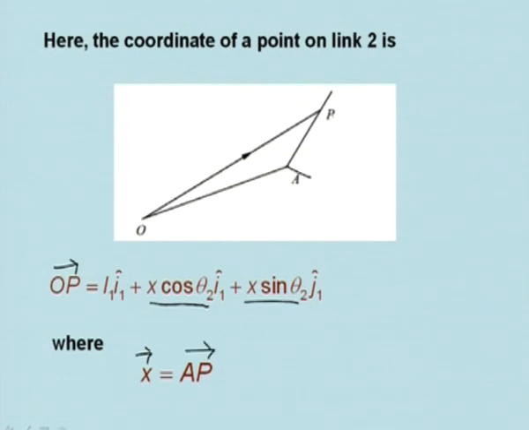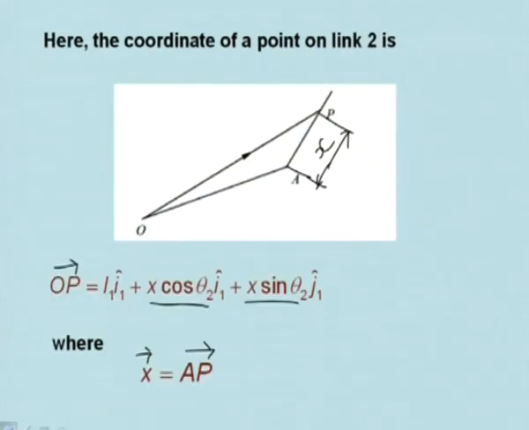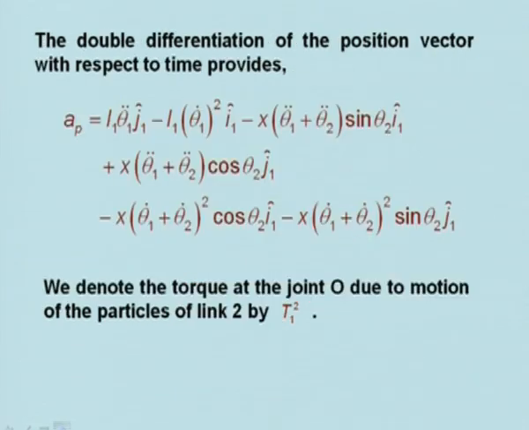In this figure, this is x. That is the position vector of point P with respect to O. If we differentiate this position vector twice, we will get the absolute acceleration of point P. That's what we need.